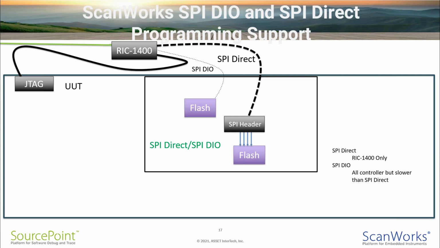If that's the case, the RIC 1400 can provide a SPI Direct connection for one of the fastest means of programming possible. The FPGA within the RIC 1400 supports the programming logic. The SPI DIO feature can be used with all the ScanWorks JTAG controllers. As the name implies, it's using DIO signals within the JTAG controller UUT interface.